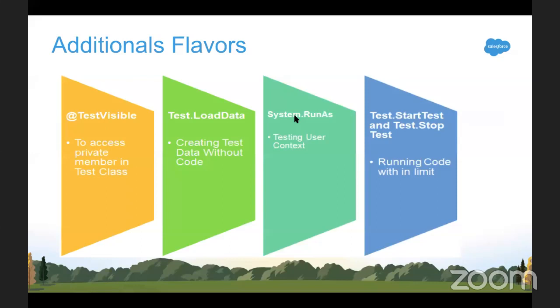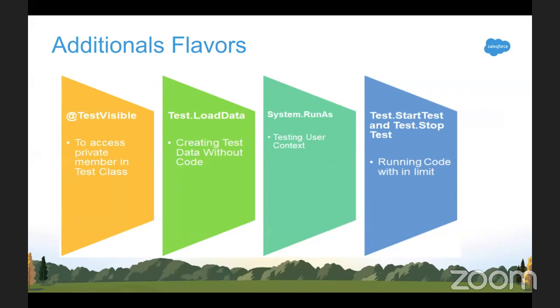Let's say whatever test class you're developing, you want to run that particular test class in an end user context, or in a sales profile context, or a standard user context. So how will it behave?